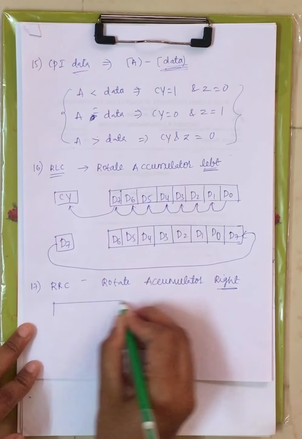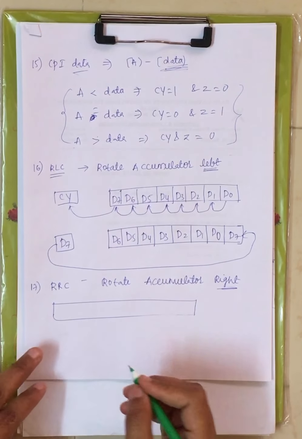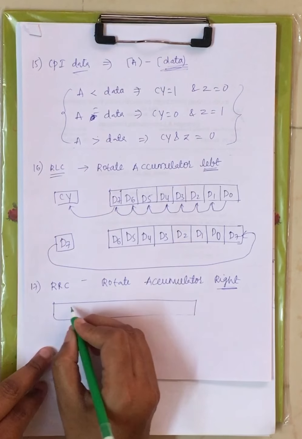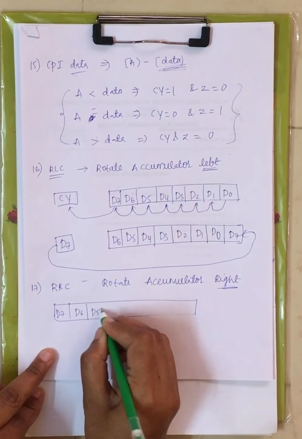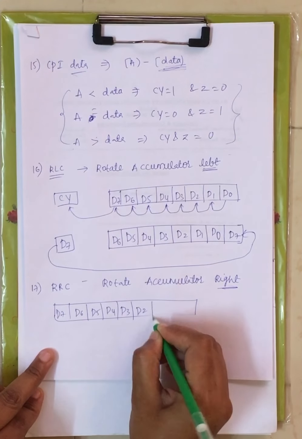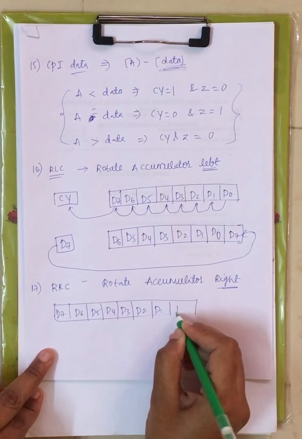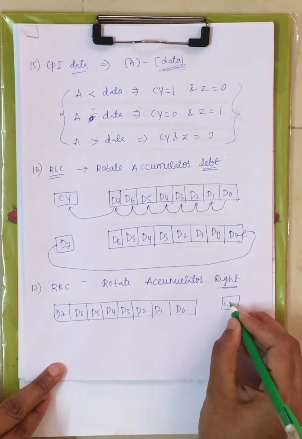Now I give an example. First represent the 8-bit data: you have D7, D6, D5, D4, D3, D2, D1 and D0. This is the 8-bit data and you have a carry flag, right?